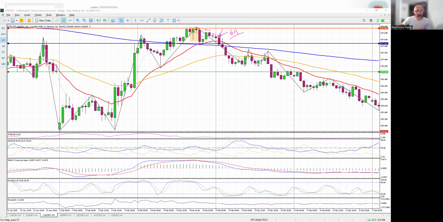And from then on, after this position was triggered, immediately the next candle came down, retraced a little bit, but look at this.